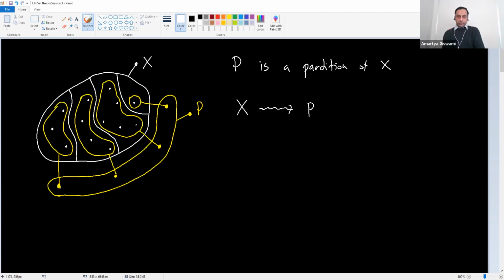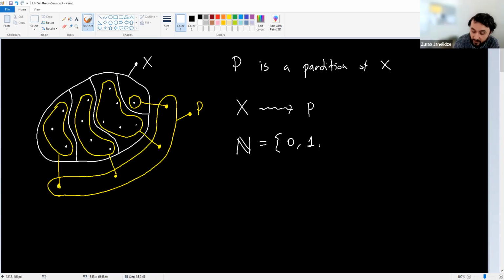And coming back to your question, first of all, let's discuss how we can build integers out of natural numbers. That is going to be maybe a little bit boring, maybe not. By the set of natural numbers, what we have in mind is the set 0, 1, 2, and so on.